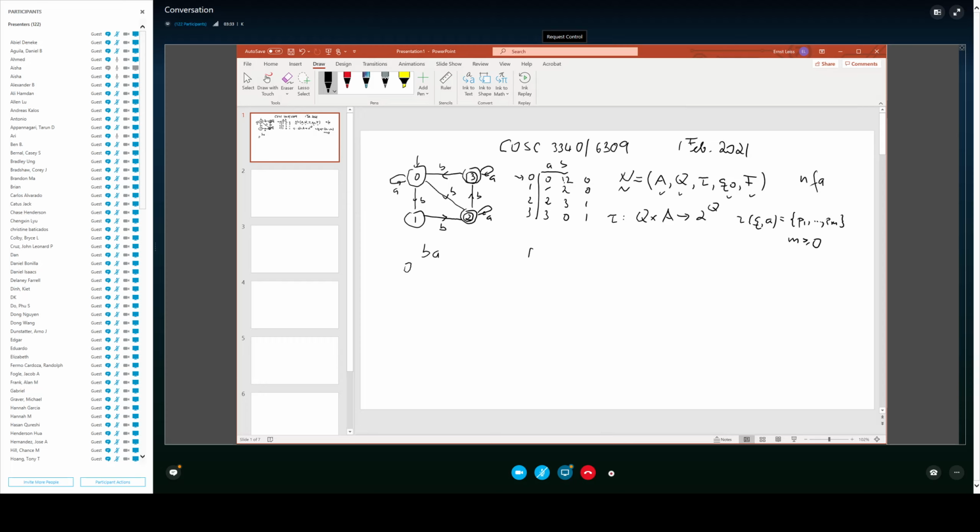So a path, of course, corresponds to a word. And so the question is, is there a path for a word W from the initial state to a final state?